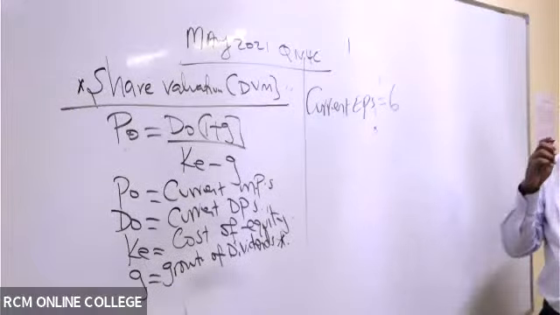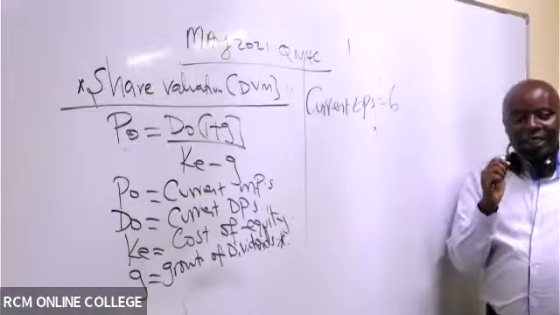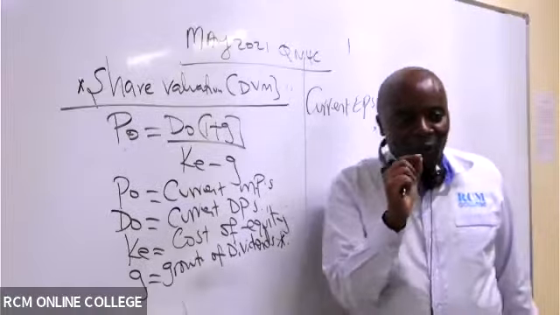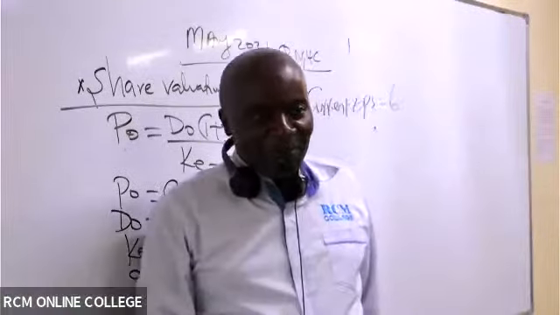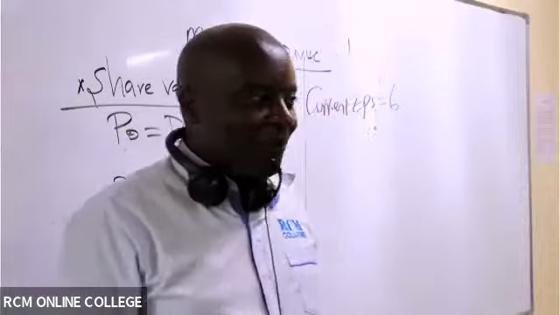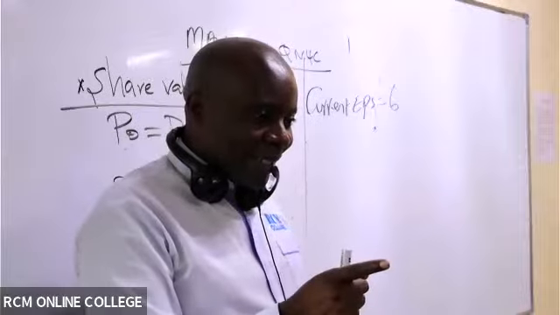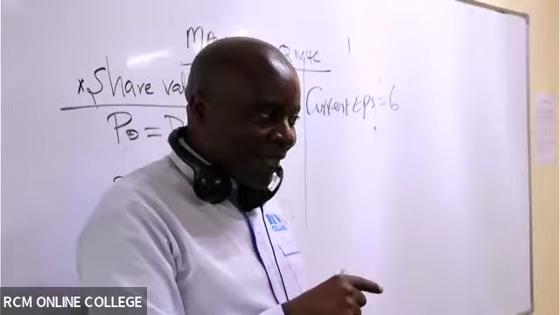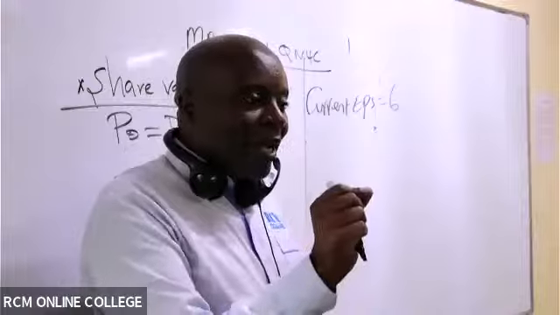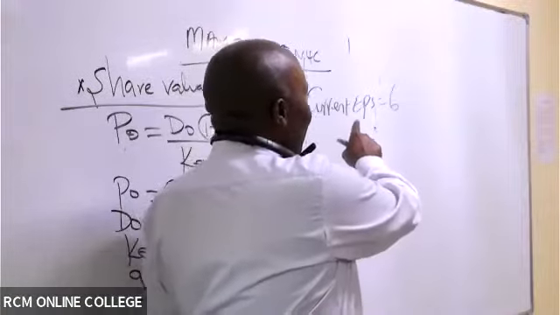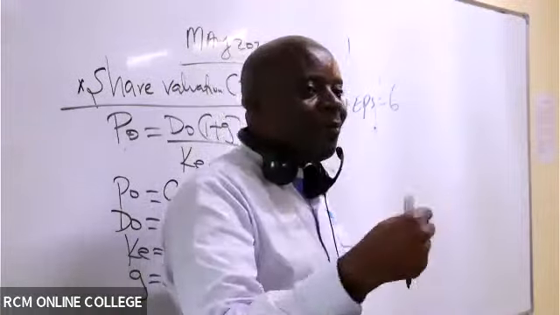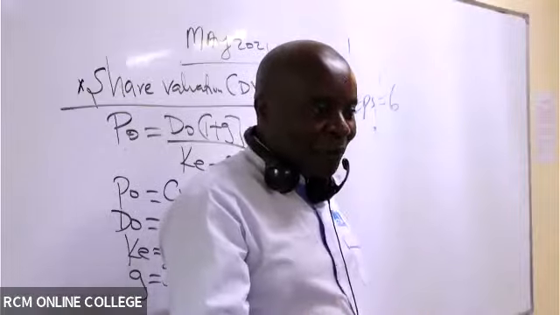So they've given me the current EPS, which is 6 bob. Then what do you think will be the current DPS? Can I give you a secret? Because if I know this share earned 6 and I know the dividend payout ratio, then I'll be able to know how much was paid.